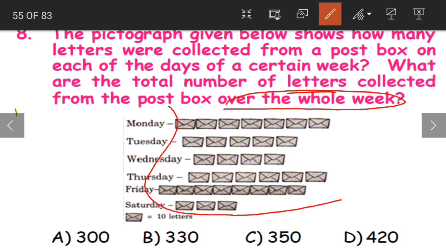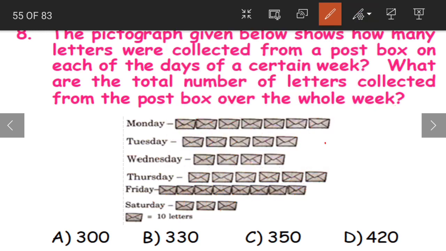That means we have to add all these together. Counting 1, 2, 3, up to 33. In total we are having 33 pictures here.